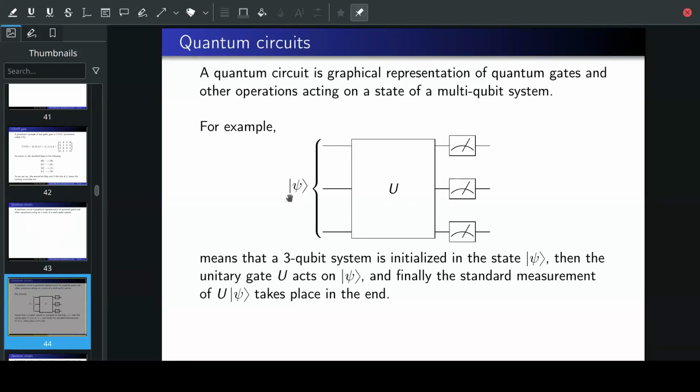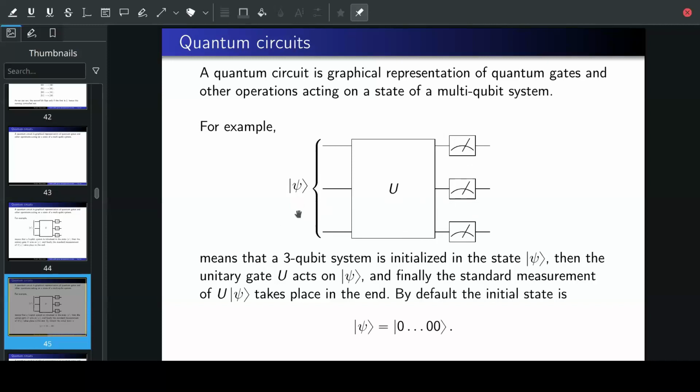This means that the initial state of this 3-qubit system is some ket psi vector state. Then some unitary action happens to this state, and in the end we perform a measurement of the resulting state, the standard measurement.